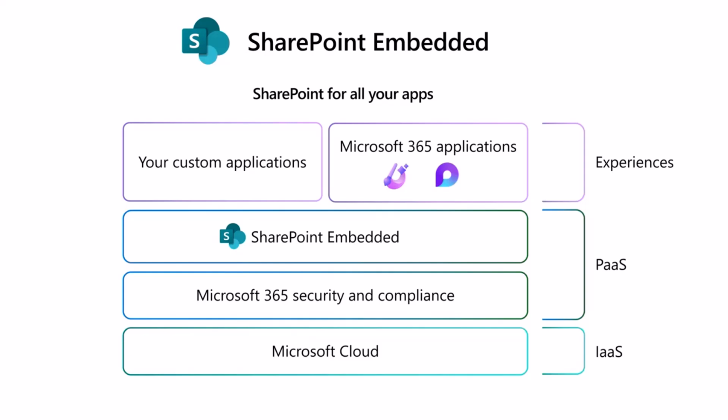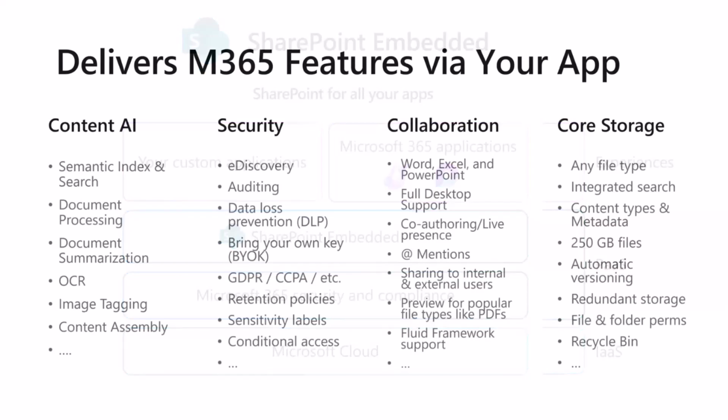So I want to talk a little bit now about some of the features that this actually brings forward. Don't worry, I'm not going to read the whole slide, but broadly speaking, when we think about the features that this enables for apps, it's these four big families of security, collaboration, core storage, and then of course, content AI. And our general mission is to make sure that if you have an M365 capability, we want to surface that as part of your use of SharePoint Embedded.